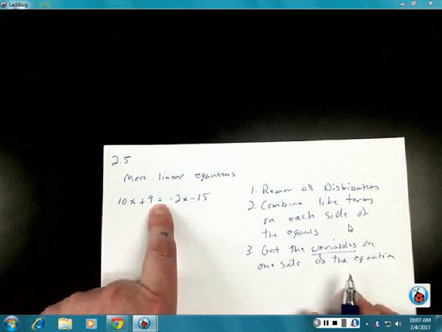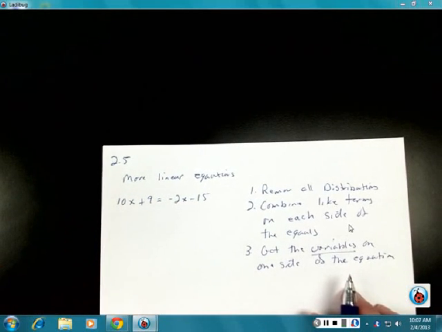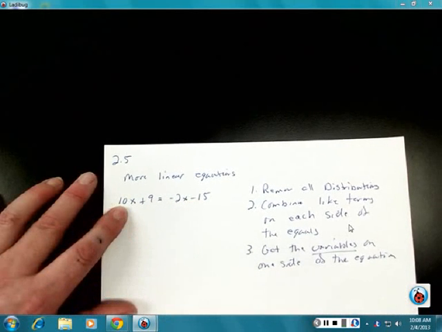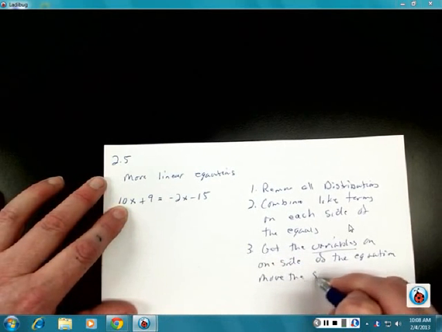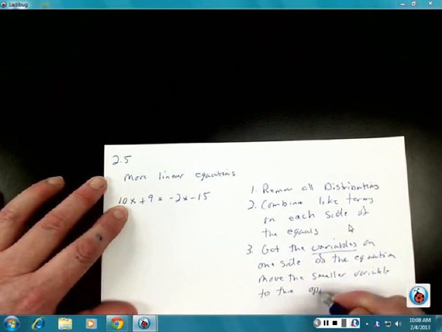When you do that, if you can keep your variables positive when you move them, keep it positive. So you move the variable first and then do your number next. So I've got variables to move. Which is smaller? I'm going to look at this and move the smaller one to the opposite side.